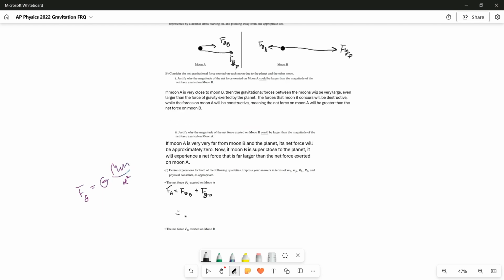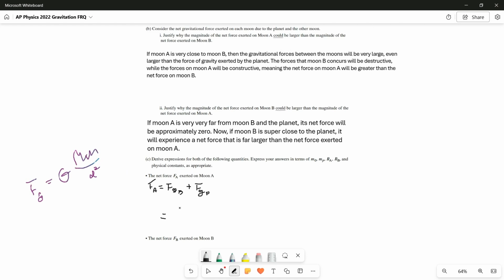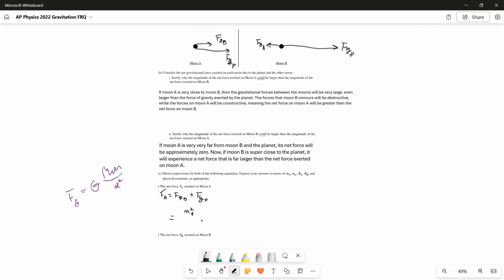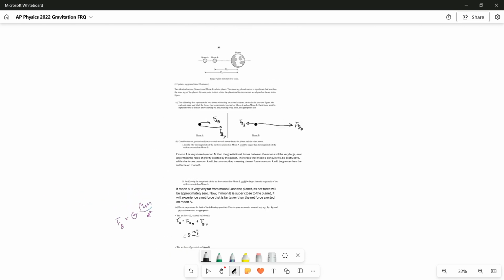So we know that FGB is simply m naught times m naught, which is m naught squared, and we have our gravitational constant G, and that will be divided by the distance between them.